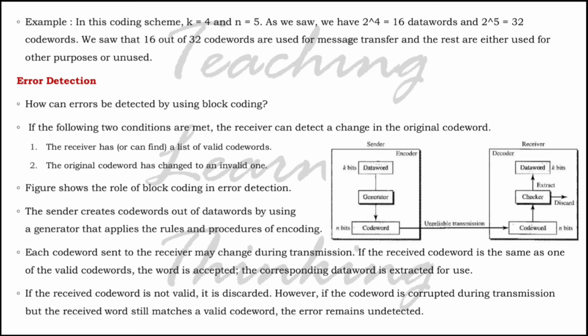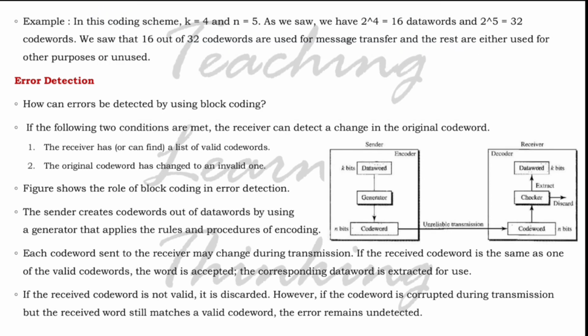The figure shows the role of block coding in error detection. The sender creates code words from the data words using the generator that applies rules and procedures for encoding. Each code word sent to the receiver may change during transmission. If the received code word is the same as one of the valid code words, the code word is accepted.